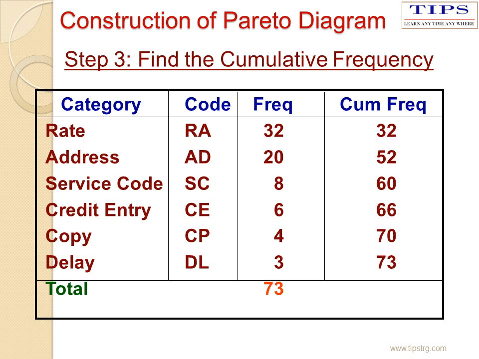Next, service code: 8 plus 20 plus 32 is equal to 60 in the cumulative frequency. Similarly, for the other defects, write down the cumulative frequency in the cumulative frequency column.